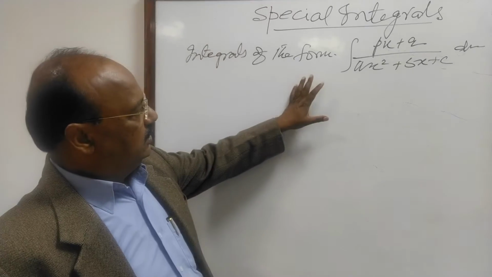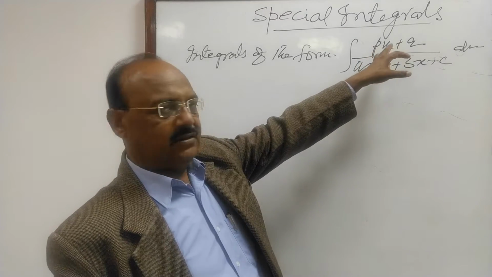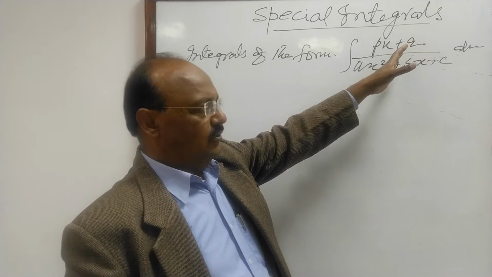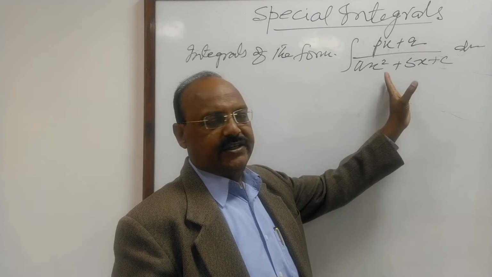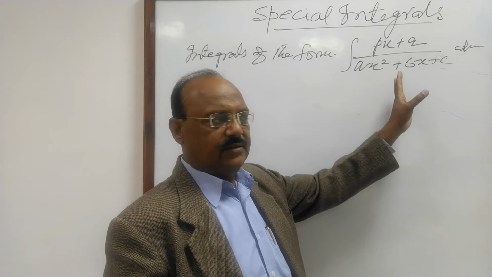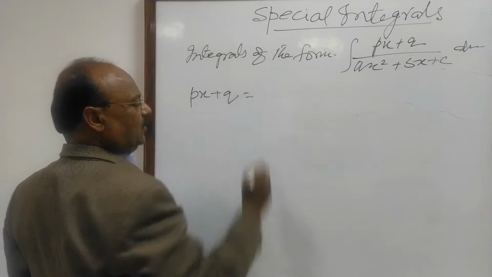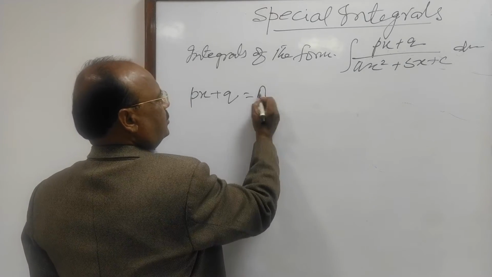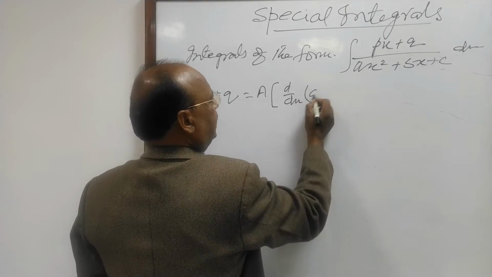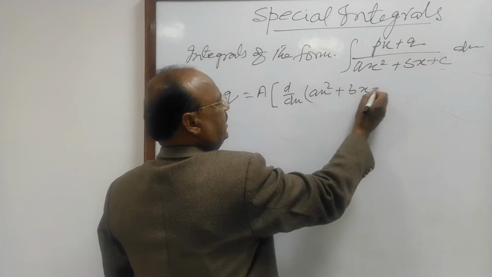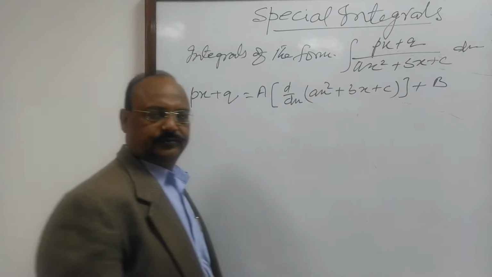For handling this type of problem, when the numerator is a function of x in this form, we have a very simple technique. By using that technique, we can integrate it very easily. First of all, the given numerator px plus q should be expressed as constant a into d/dx of the denominator ax square plus bx plus c, plus another constant b.